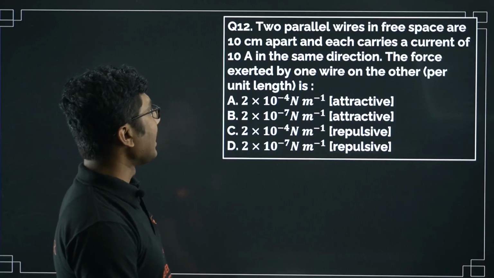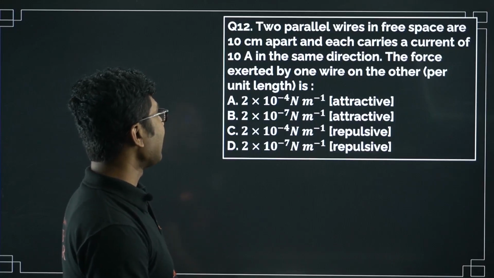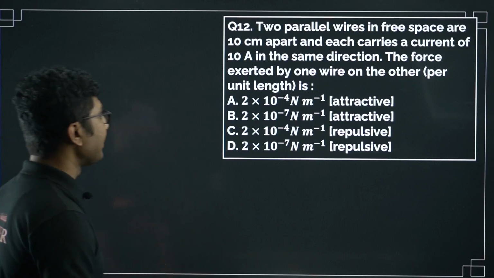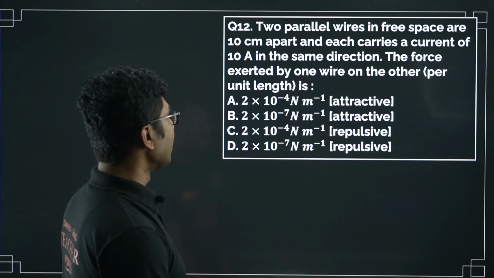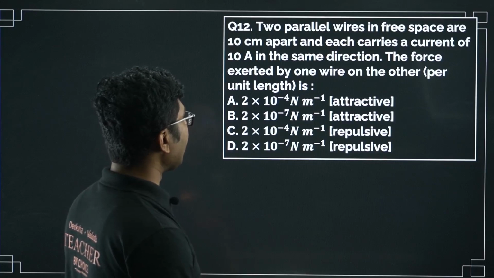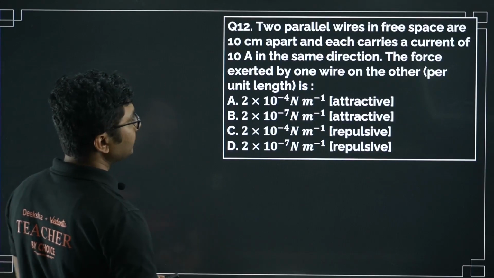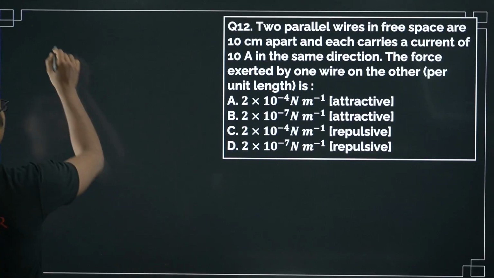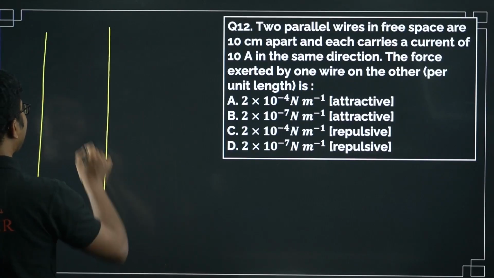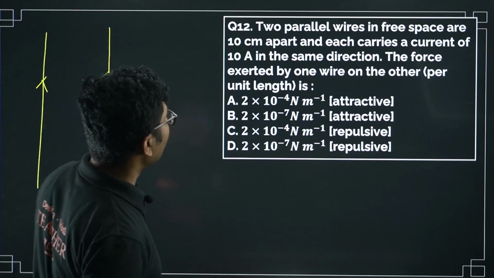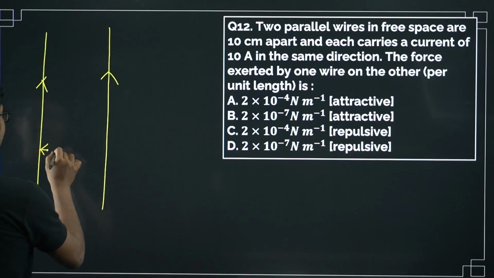Two parallel wires free in space are 10 centimeter apart and each carries a current of 10 ampere in the same direction. The force exerted by one wire on the other per unit length is. So two wires carrying current, separated by 10 centimeter.